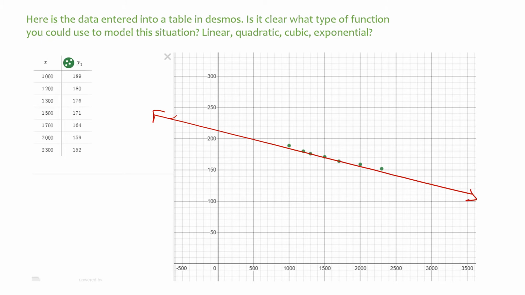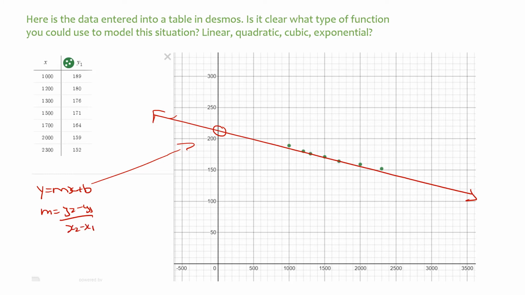It's not exactly linear. And how would we get an equation? Well, the equation of a line is y equals mx plus b. And we would get the b value from right here. So I would kind of estimate what that number is there, 200 and something. And then to get the slope, I would use my slope formula, y2 minus y1 over x2 minus x1.